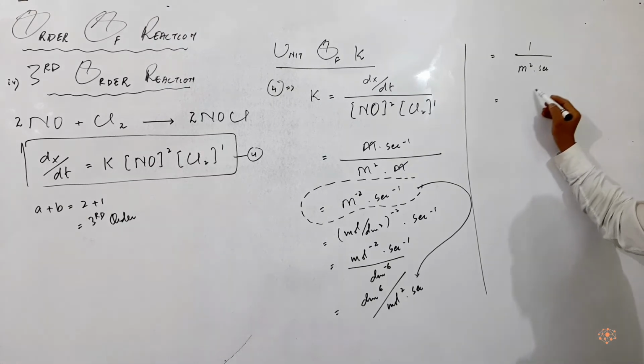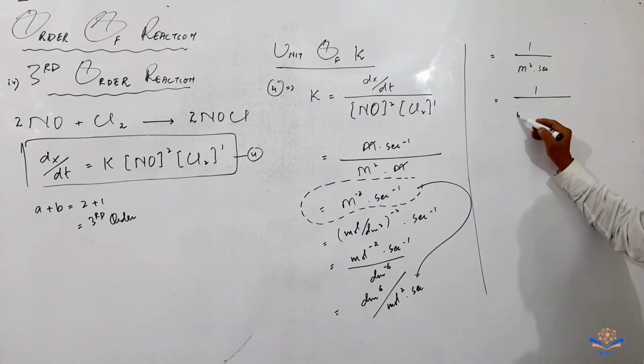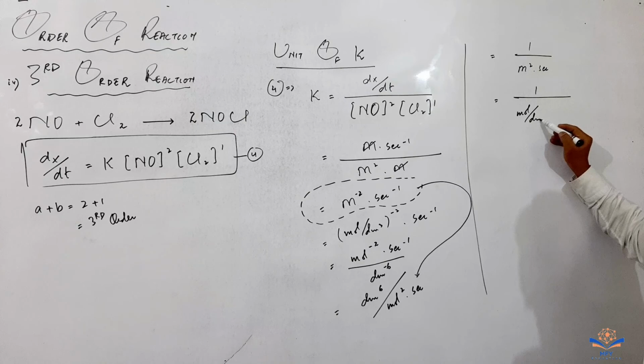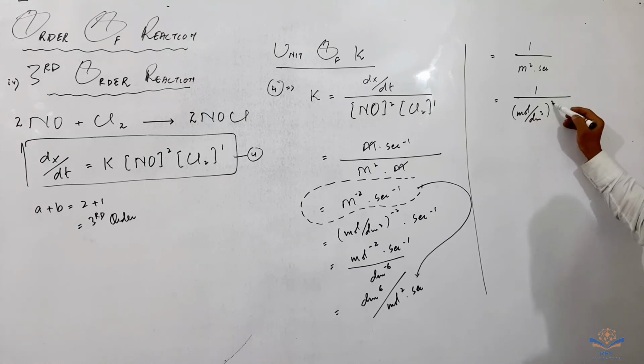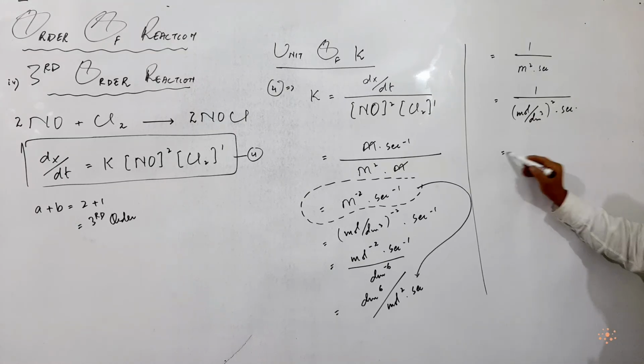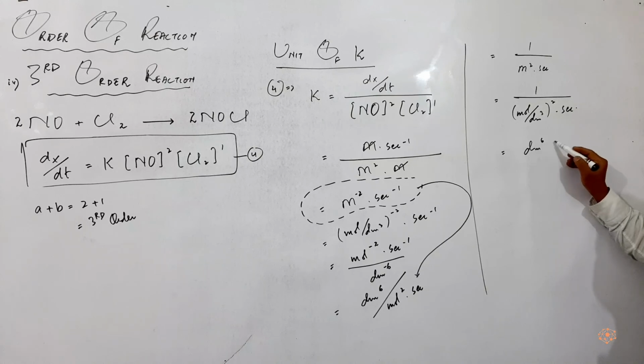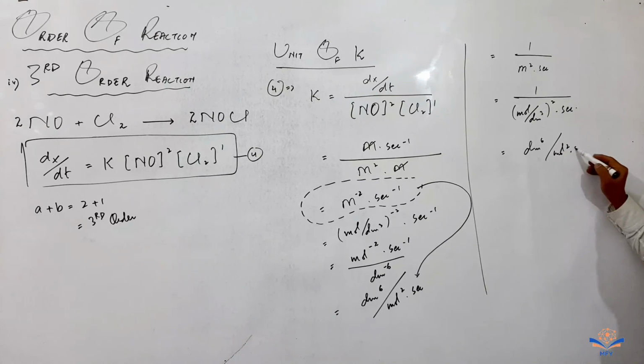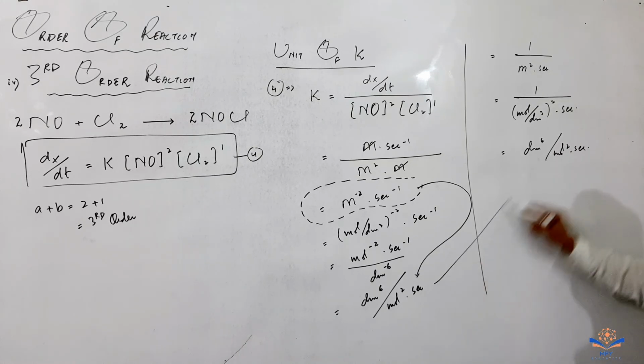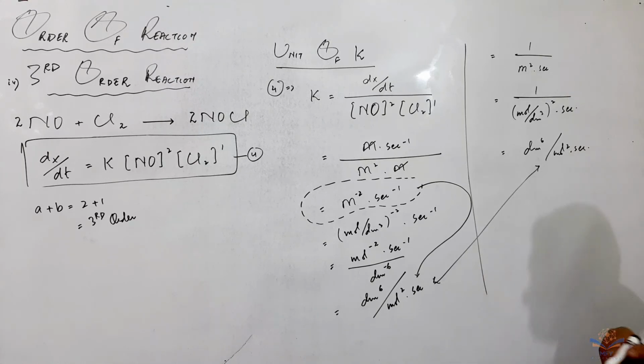Now by this equation, if we put the value of molar, mole per dm cube square second, it will become dm6 over mole square second. Both have the same values.